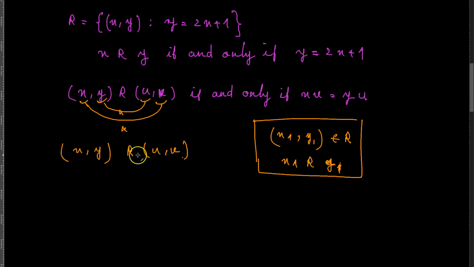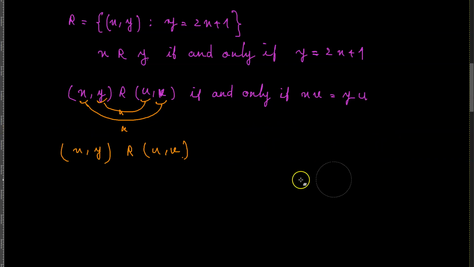I'm saying the same thing over here, except that here I have a single element related to another single element, whereas here I have an ordered pair related to another ordered pair. Instead of elements we have ordered pairs, right?